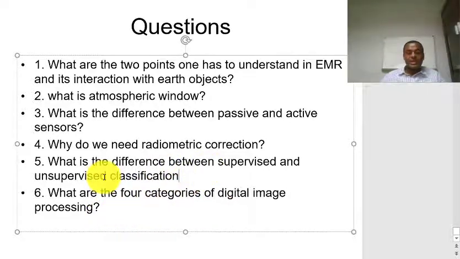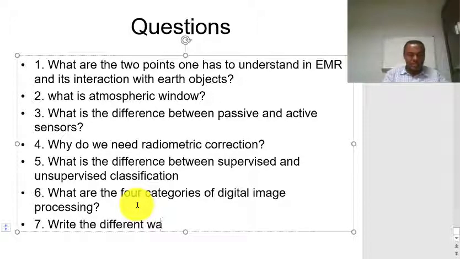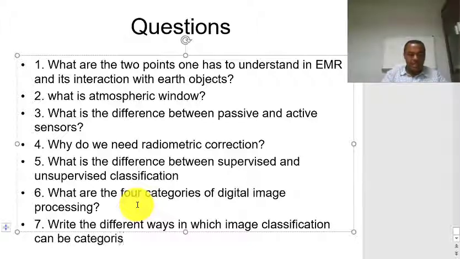And I need to add one question. That is question 7: discuss the different ways in which image classification can be categorized.